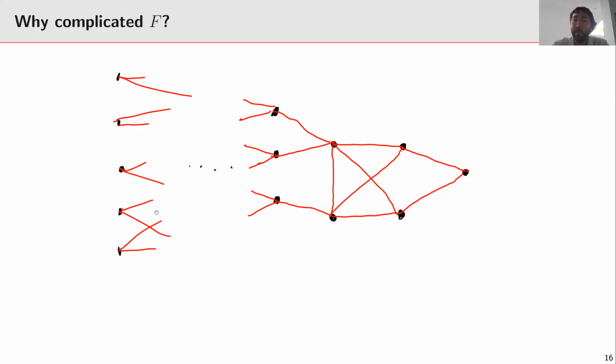How can I be sure that I don't have too much chance of messing up this vertex? What that means is I would like to say this pair of vertices I should not put to a pair of vertices which has a small common neighborhood. So what you would think is, well, I want to apply this strengthened regularity argument with this graph highlighted in green being my F and F prime being just two vertices with no edge between them.